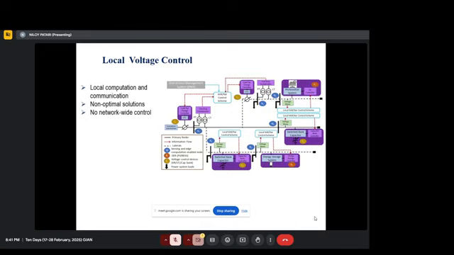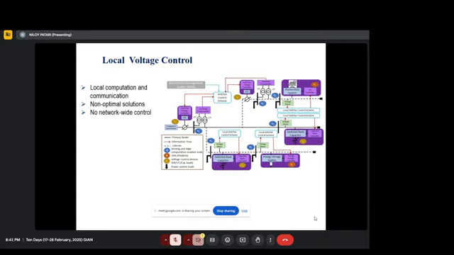Maybe the next node was already at 1.05, and then suddenly you switched on the capacitor depending on your own rule based approach. Once you switch it on, that neighboring node which was at 1.05 per unit can easily shoot up to 1.06 or 1.055 or whatever. Then there is an over voltage issue in the next neighbor node, right?